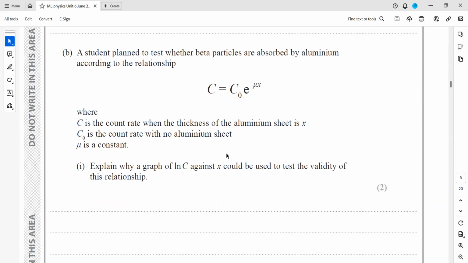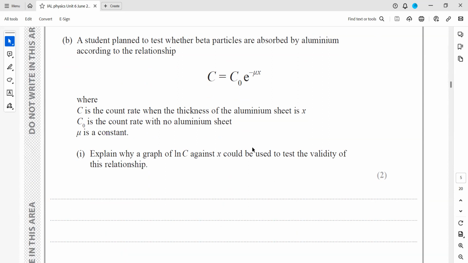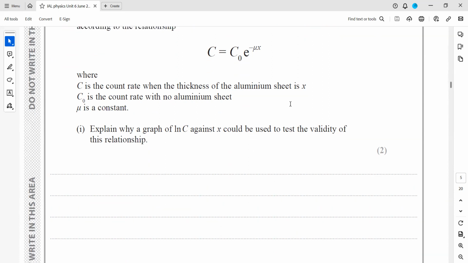There are many equations which you do not study all of, so an equation may not appear in your course outline, but in Unit 6 they can ask a question related to it. Here C is the count rate when the thickness of the aluminium sheet is x, C naught is the count rate with no aluminium sheet, and mu is a constant. Explain why a graph of ln C against x could be used to test the validity of the relationship.